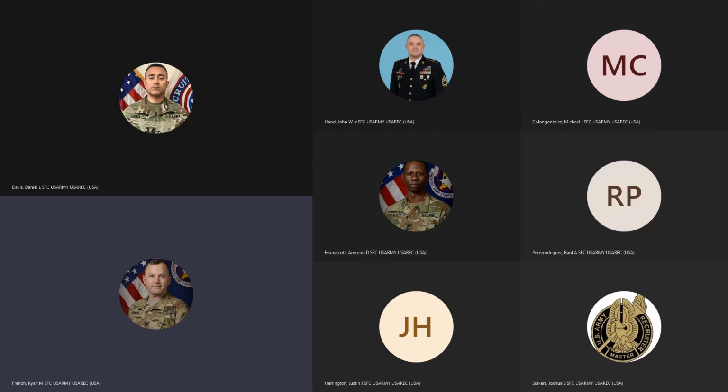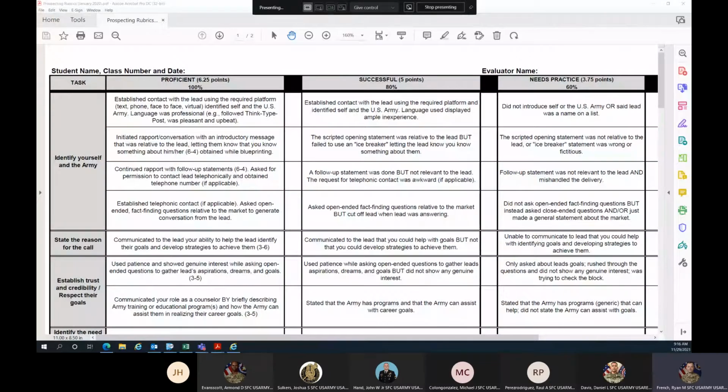What I'd like to do today is go step by step on the rubric and talk through everything. When we look at the first task, identify yourself in the Army, it says establish contact with the lead using the required platform. It's going to be phone. Identify yourself in the U.S. Army, and you've got to be professional.